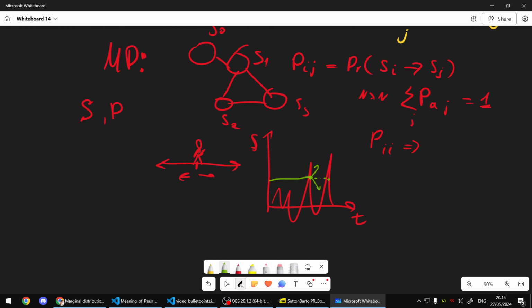And the second property is, even if he returns to this state later in time, it will still be the same probability. So in fact, this matrix is not time dependent. We won't use it, but it's still important to know.